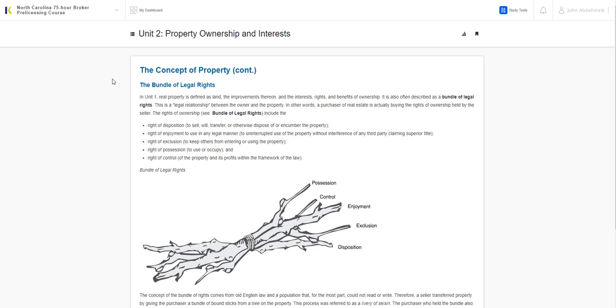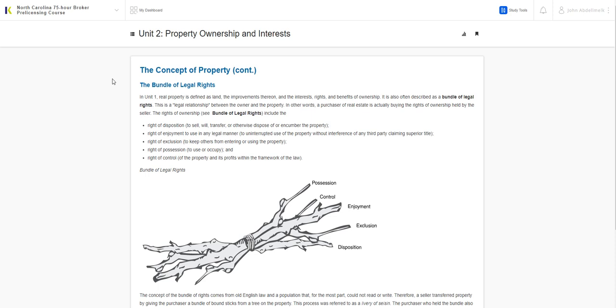The rights of ownership include the right of disposition. So I'm gonna write this down. Let me write in my notebook here. I wish you could see it, but this is what we're working with. I'll write Unit 2, and then I'll write bundle of legal rights. The bundle of legal rights will consist of these five things below.